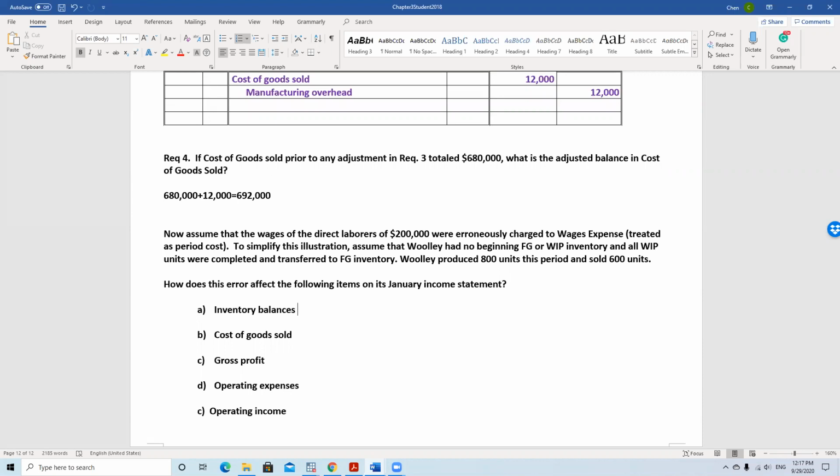Yeah, so actually our product cost was understated by 200,000, and our period cost was overstated by 200,000. So inventory balances actually were understated.